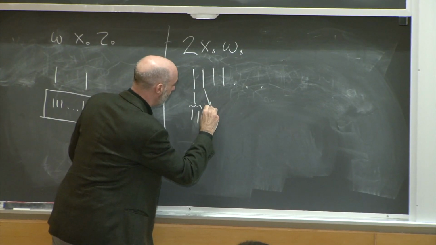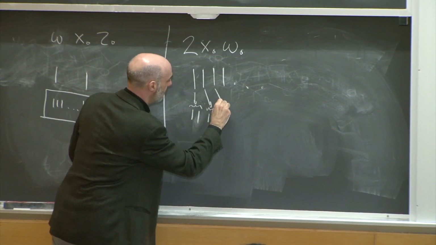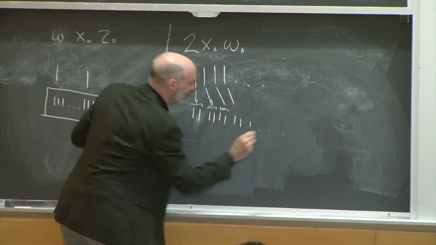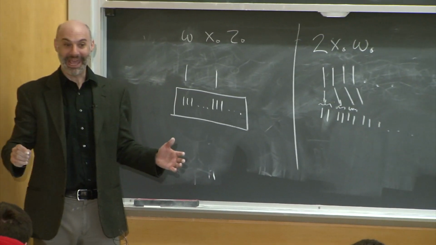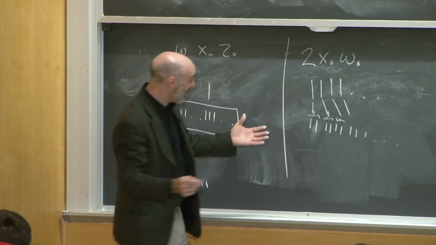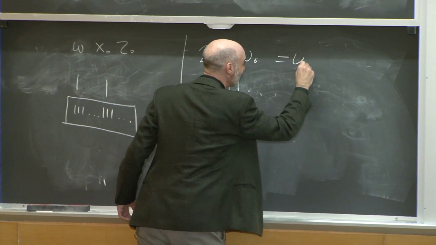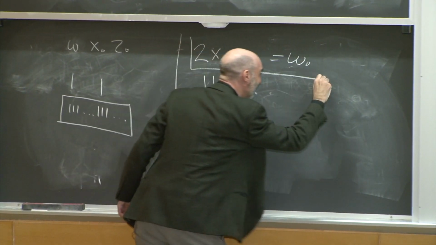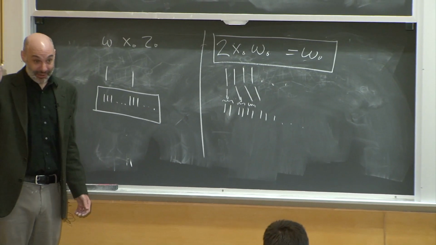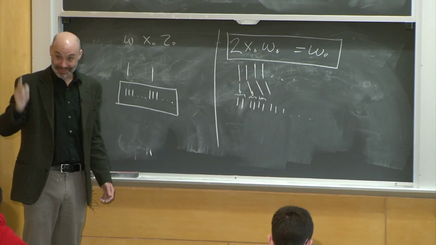And for that guy, we write those 2. And for that guy, those 2. And we keep going. And what we get is an omega sequence. And that is why these are not the operations you learned about in school.